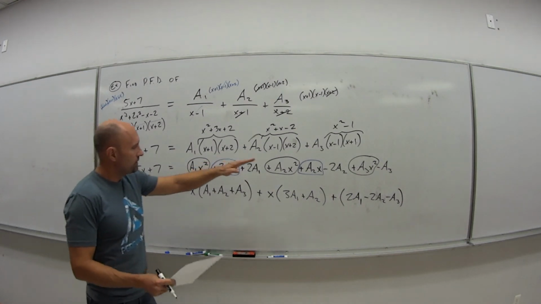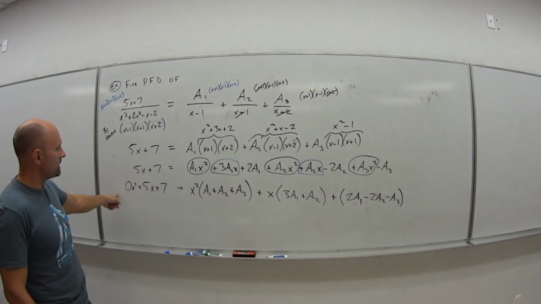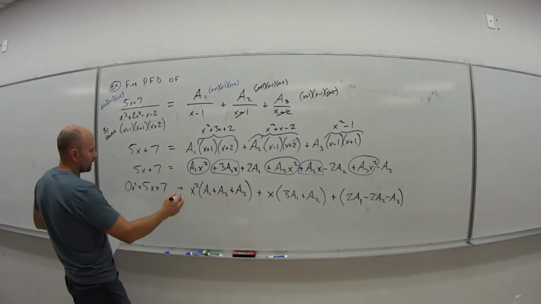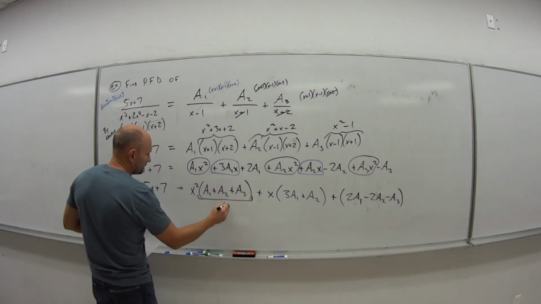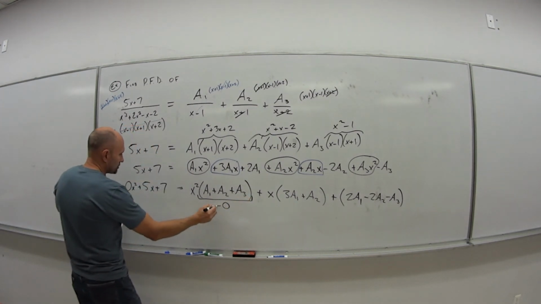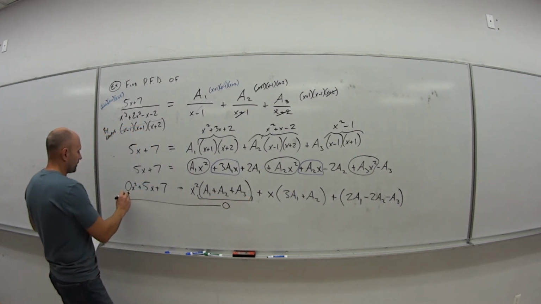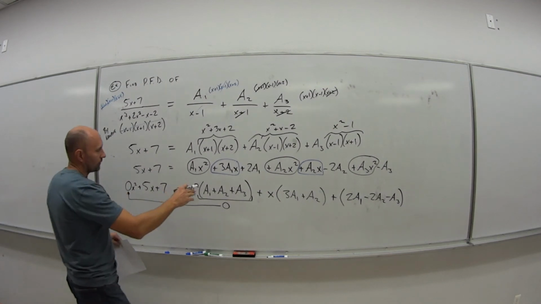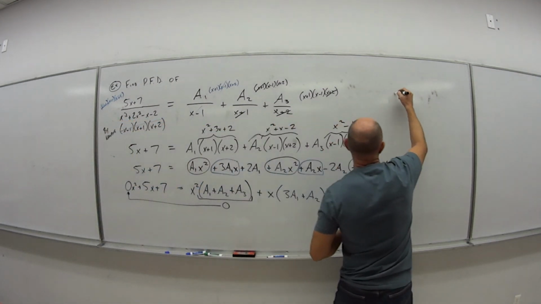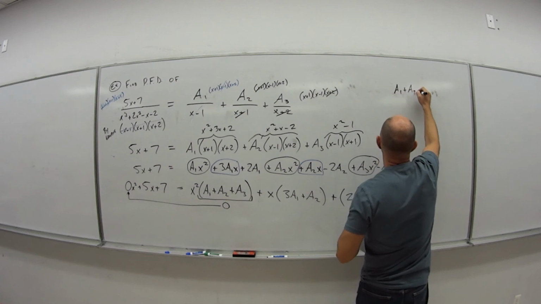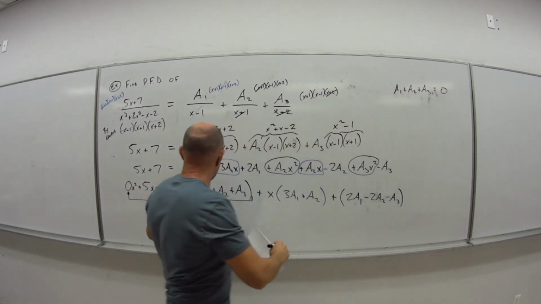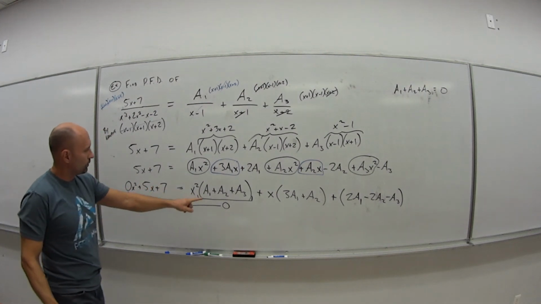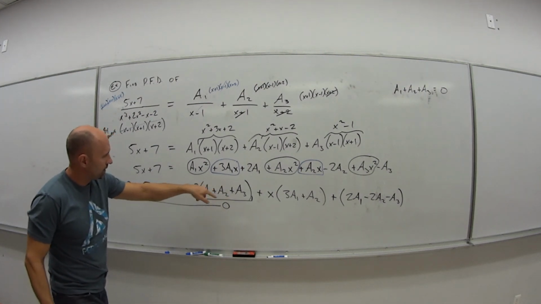If both sides of the equation are going to be equal, the x squared coefficient has to be 0 so that it matches up with the coefficient on the left. So that means a1 plus a2 plus a3 is equal to 0. That's the only way these two sides are equal.